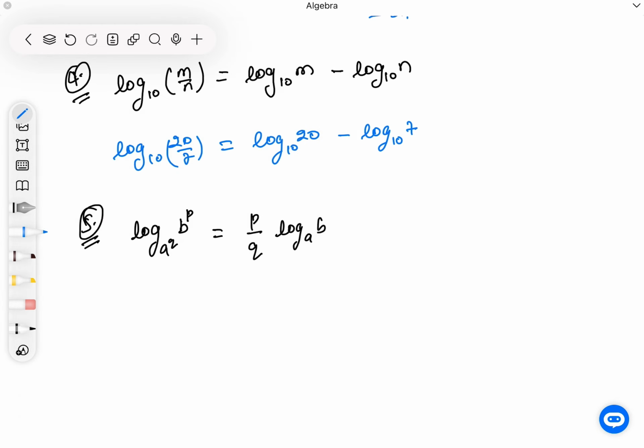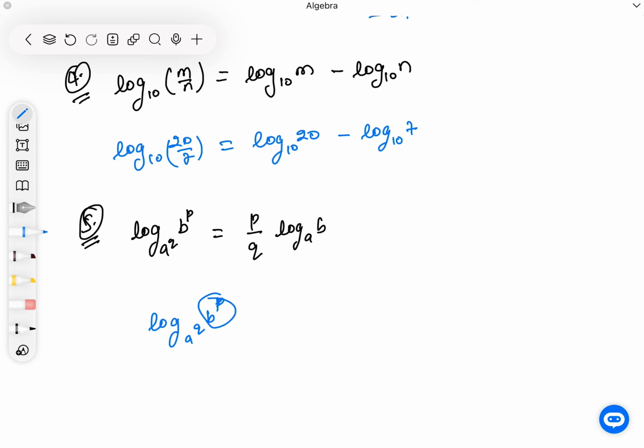For the number, whatever power it was having, I took it outside. Let me write it here, that would be better. So a to the power q, b to the power p. So what did I do?